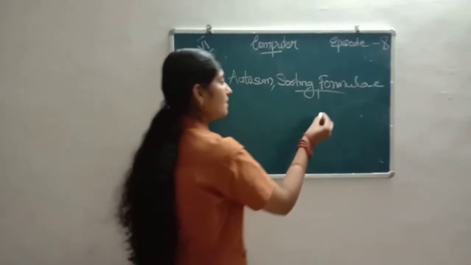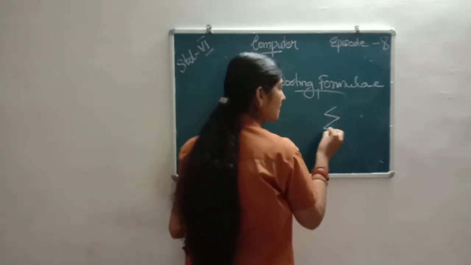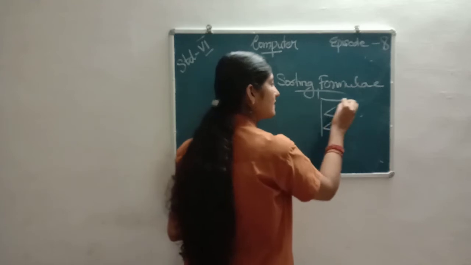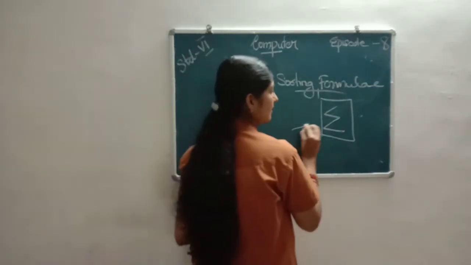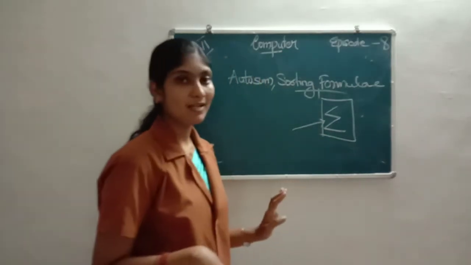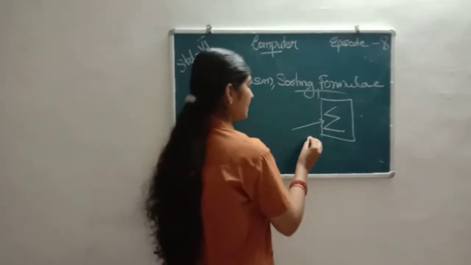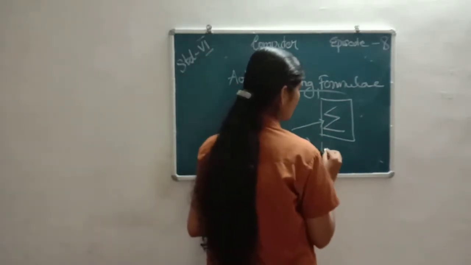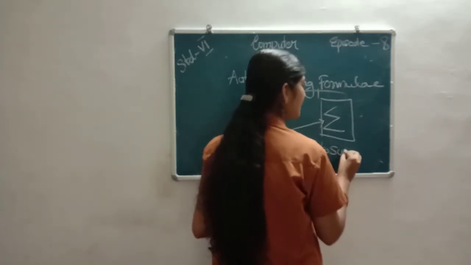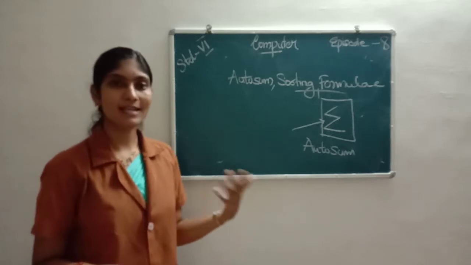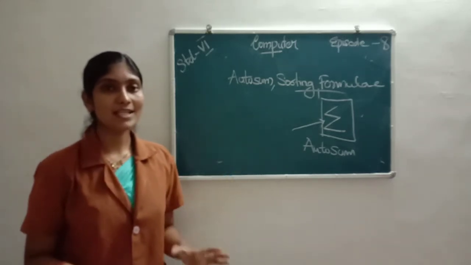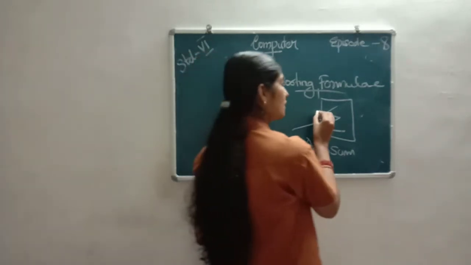There is a symbol, that is sigma. So this is a simple and easy method. Just click this button. This button is known as auto sum. It simply calculates the sum of numbers from a range of cells. So that is auto sum.